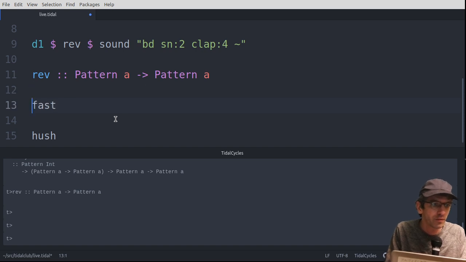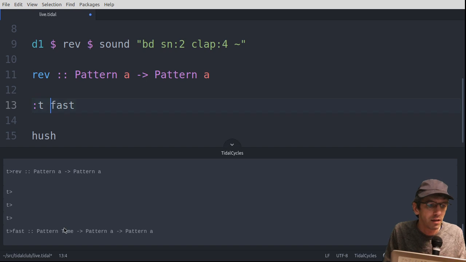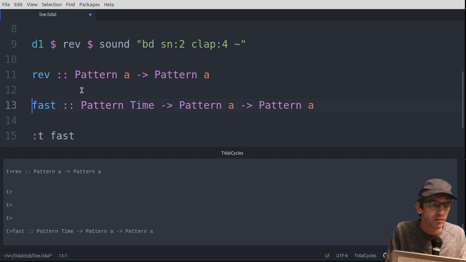So you find out the type of something with colon, then T, and that's the type signature of fast. So fast has got, we can see from this, three things. The last thing is the output. And so these other two things are the inputs.